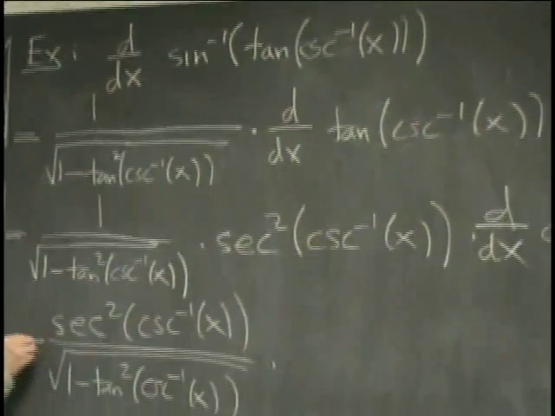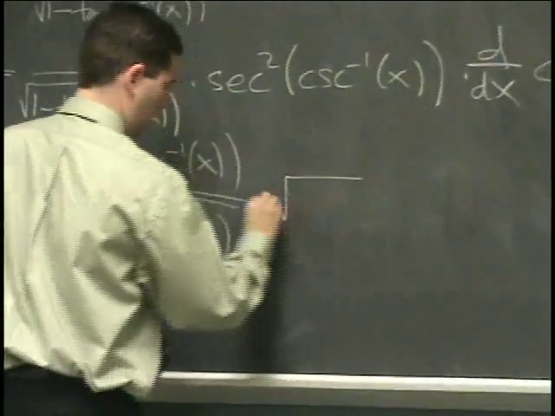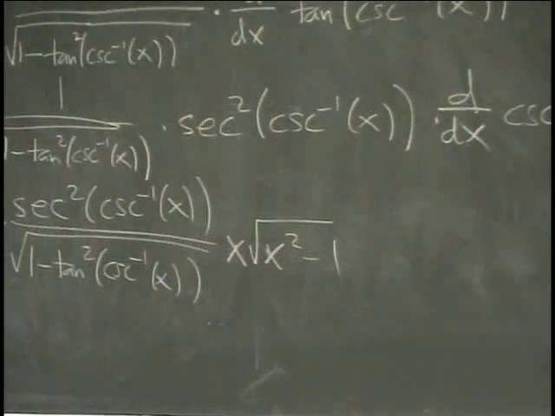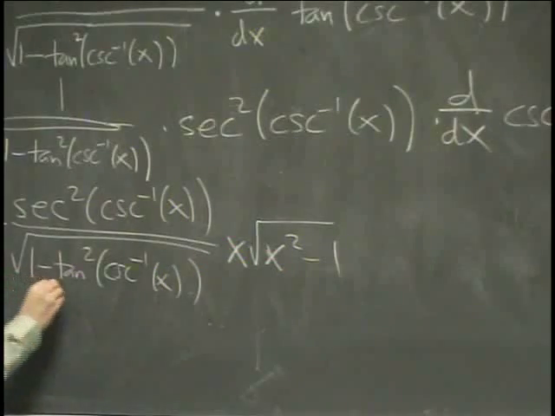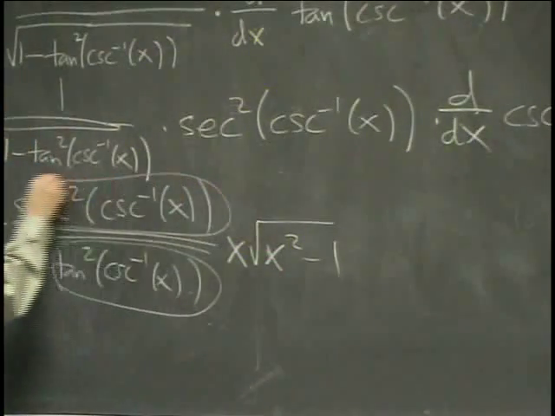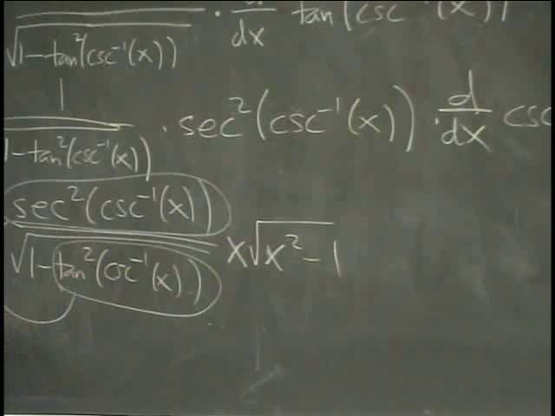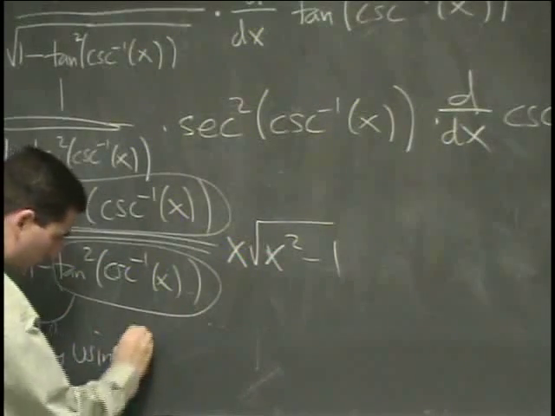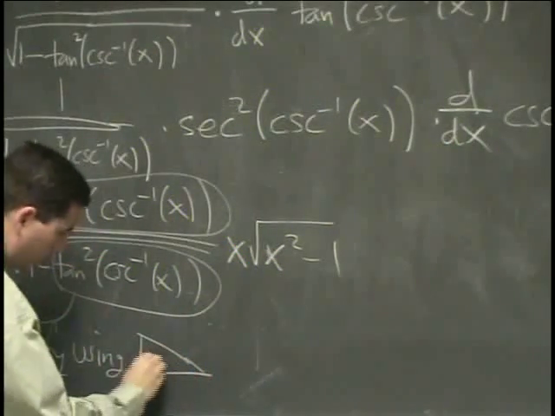So we'll put the negative out front, and an x root x squared minus 1. And these terms you should try to simplify using right triangles.